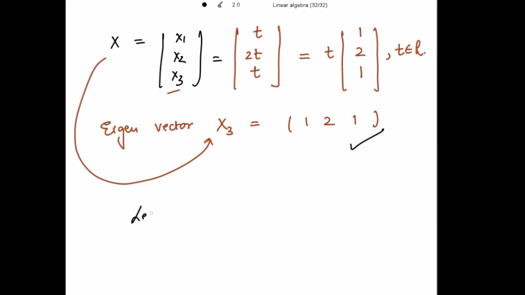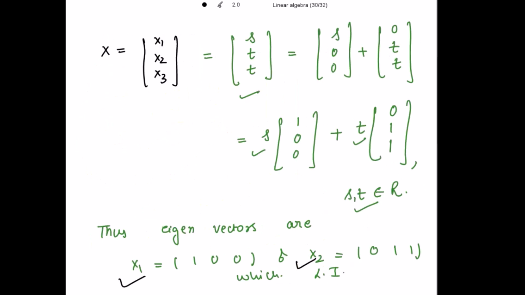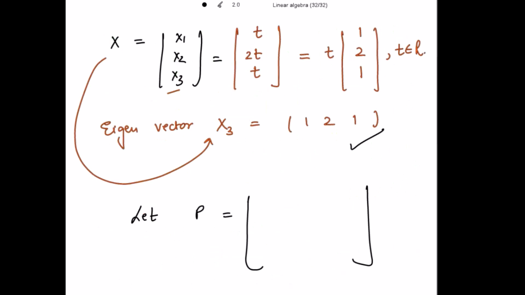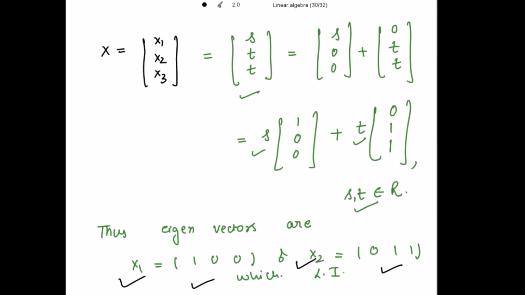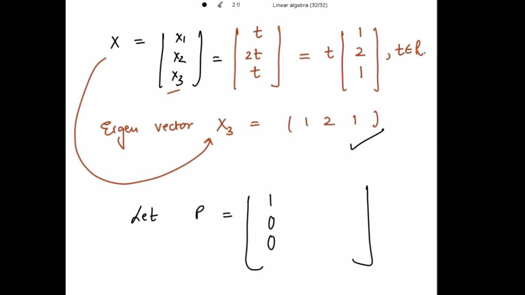So let's suppose that invertible matrix to be P, and I'm writing this P matrix to be equal to, writing here the first eigenvector, that is (1, 0, 0), and then writing the second eigenvector, that is (0, 1, 1), and then writing the third eigenvector, that is (1, 2, 1).